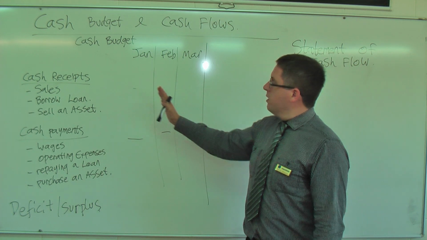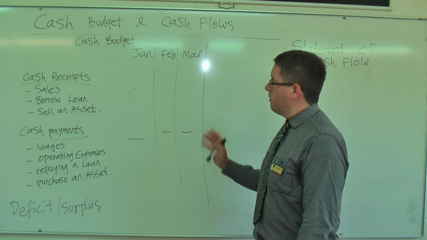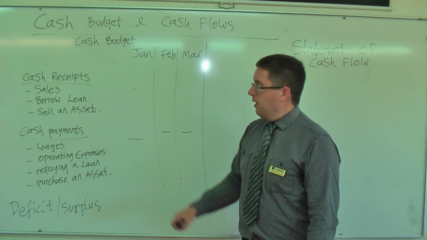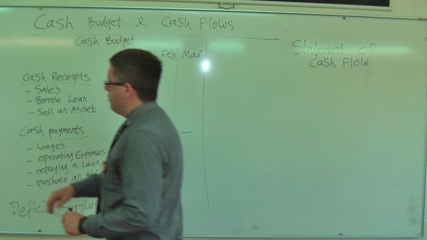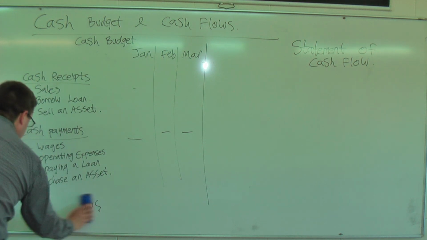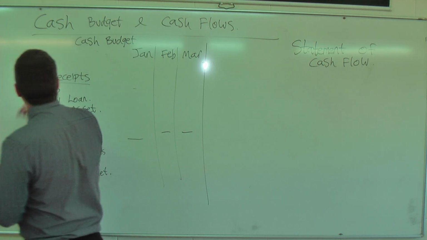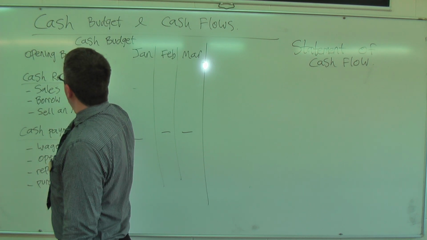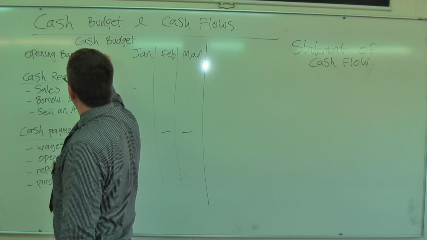So, when we're producing a cash budget, this is sort of the layout that we're going to be using. We have a cash receipts section, a cash payments section. Just one little change we're going to be doing here. We're going to be adding in an opening bank balance.